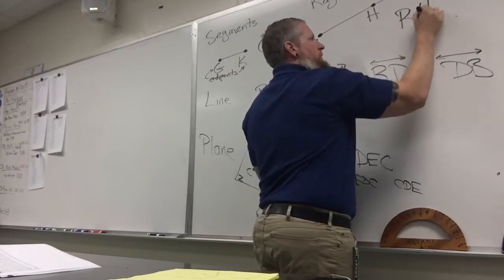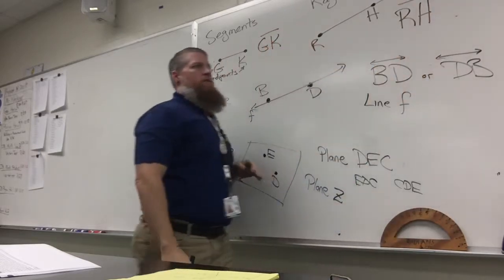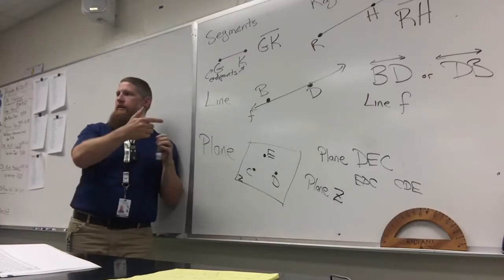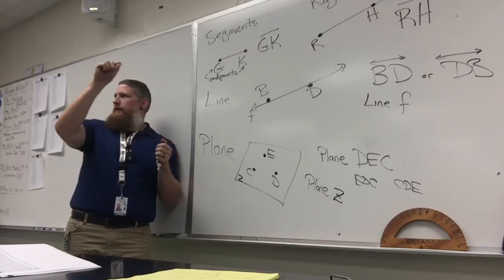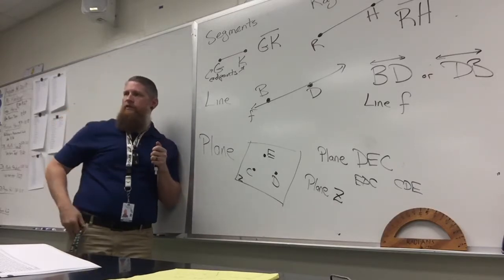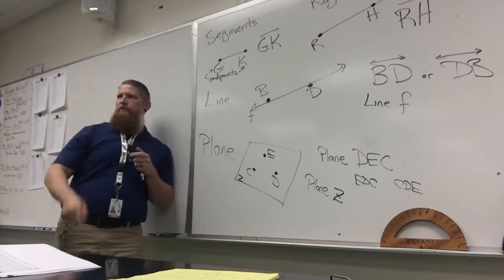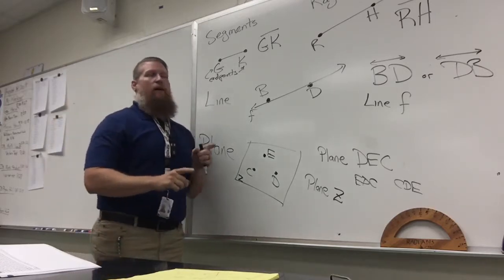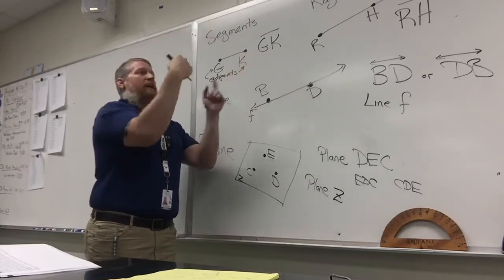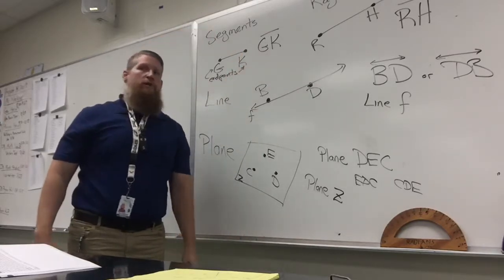So I'm going to name it RH. Okay, and then again, just like with the other notations, you draw a little arrow on top, since a ray is an arrow in one direction. Now, if you did ray HR, it's a whole different ray.